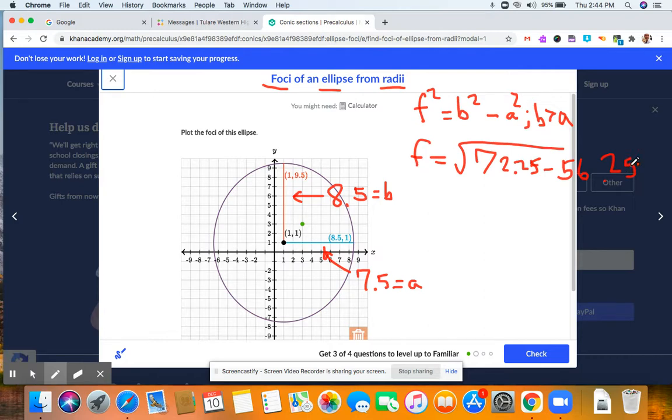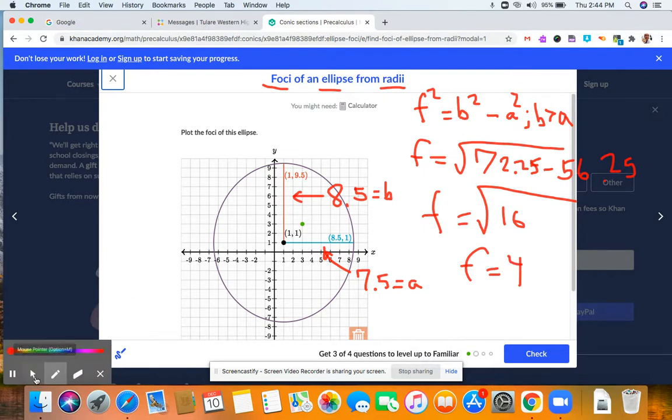Subtracted, so 72.25 minus 56.25 is 16. That's nice. F is equal to the square root of 16, so our foci is equal to 4. It'd be hard to give us crazy numbers here since we're actually plotting it. All right, we'll just plot it that way.